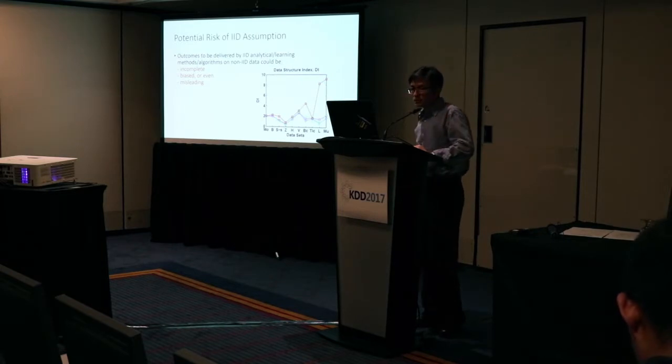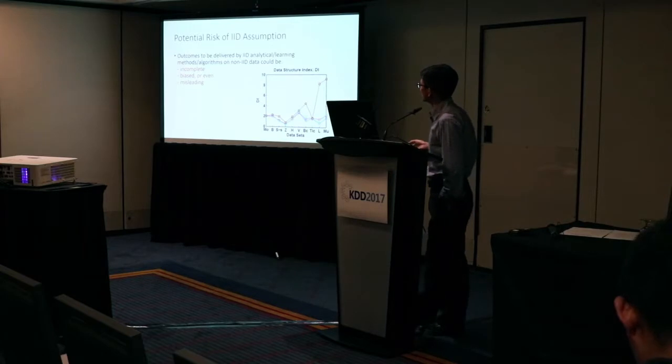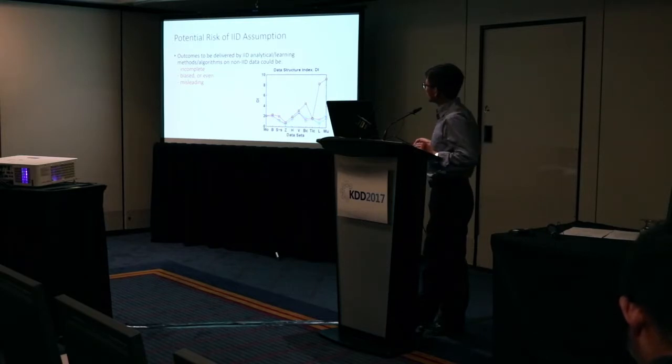The issue may be triggered by this IID assumption: sometimes if we are lucky enough, the outcome is quite close to reality, right? And for some other data, not really, a little bit far, and some quite far, right?